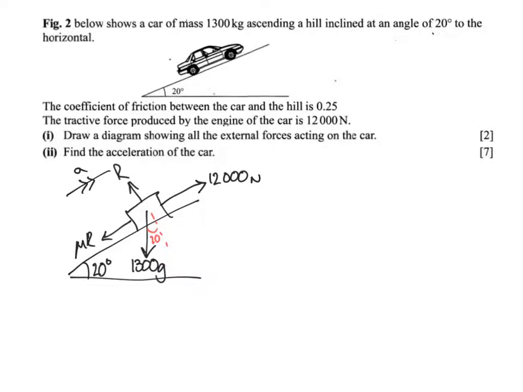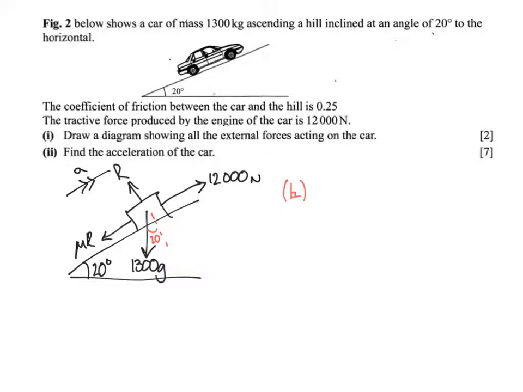So let's resolve perpendicular to the slope. What forces are perpendicular? Well, obviously the normal reaction. The only other force in and out of the slope is the weight, but we're going to have to resolve it. These two forces are parallel to the slope, so they're at right angles to this. They won't have any effect on the perpendicular resolving.